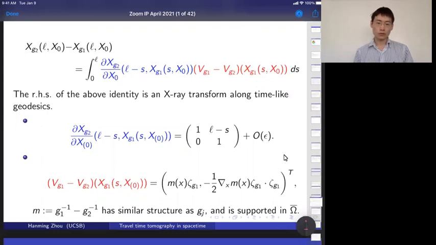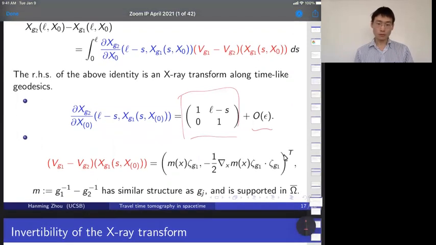Under this almost flat setting, it has the following expression: a matrix with some perturbation depending on this constant epsilon. This red part carries the difference of the two matrices G1 and G2. It carries both the distance and the gradient of the distance.